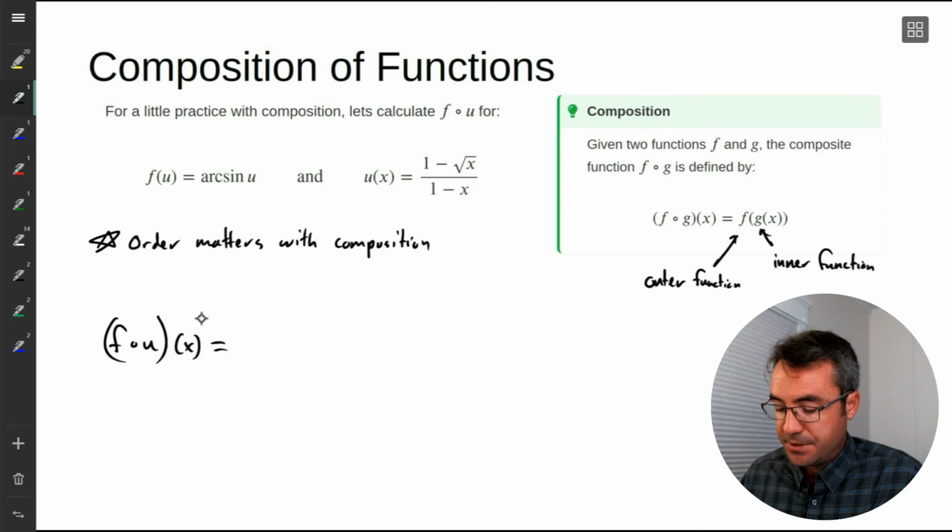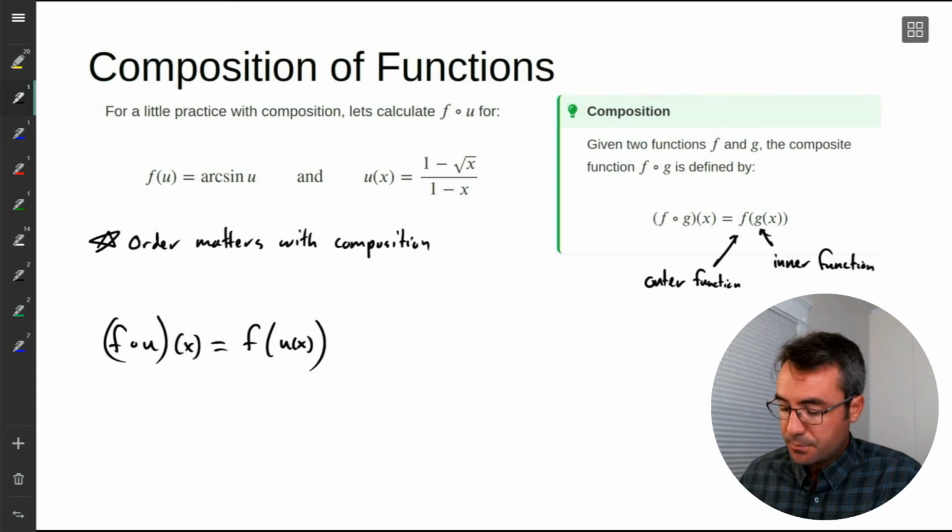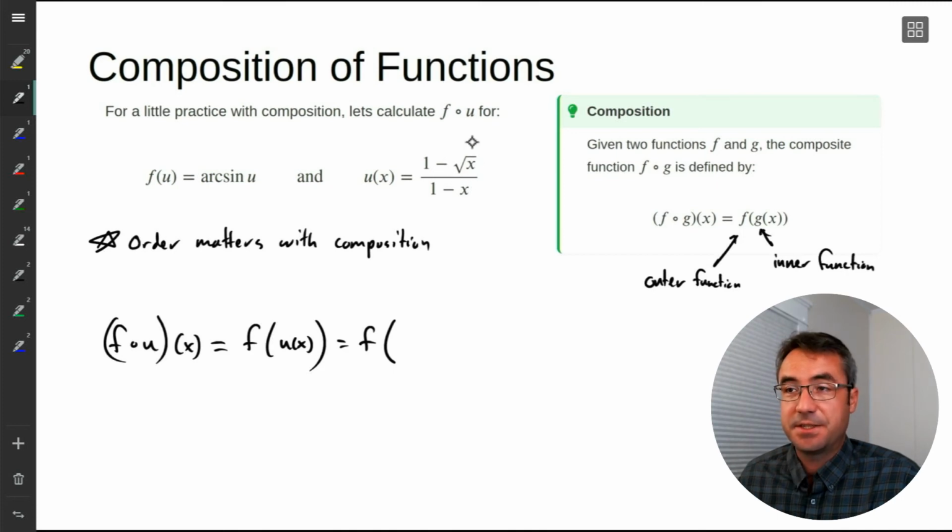The way we do this is we're first going to plug our input x into that function u. Then we'll get a result, and we'll plug that result into our outer function f. All right, so let's fill in what u of x is. It's this fraction.